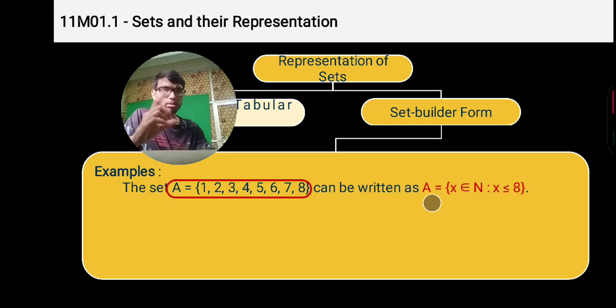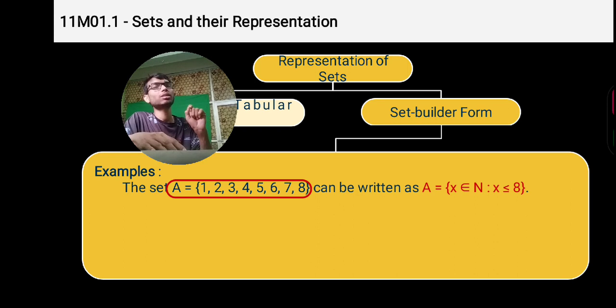Here, let's explore this. Let's break it down. A is a set. This is the name of the set. x belongs to A. Whatever x is will belong to A. N is the set of natural numbers. So here we are saying x belongs to N such that x is a natural number.